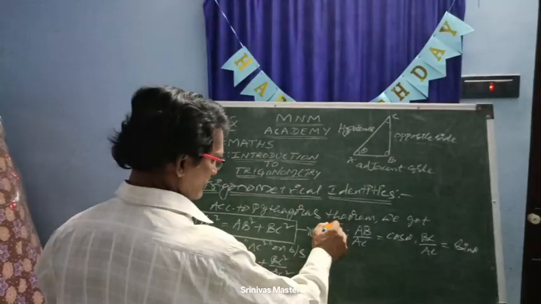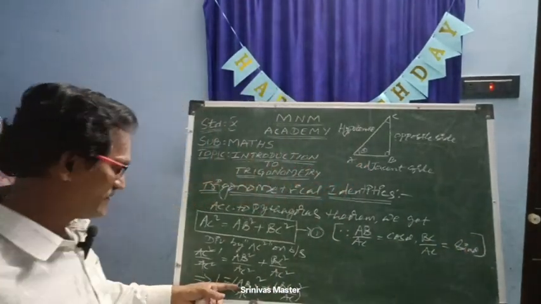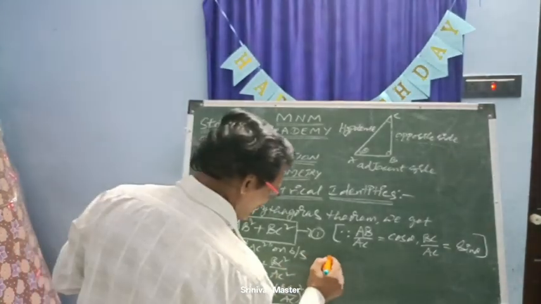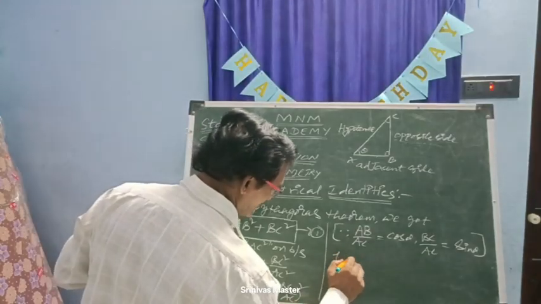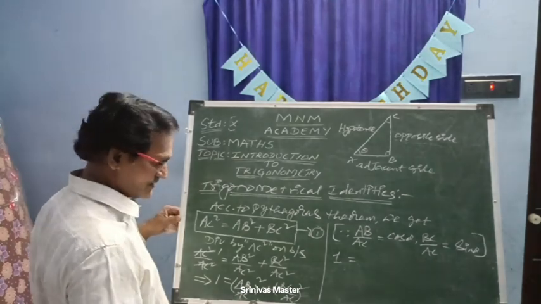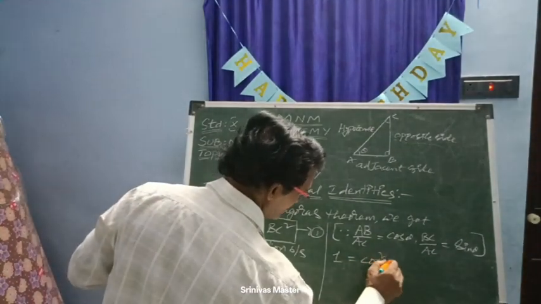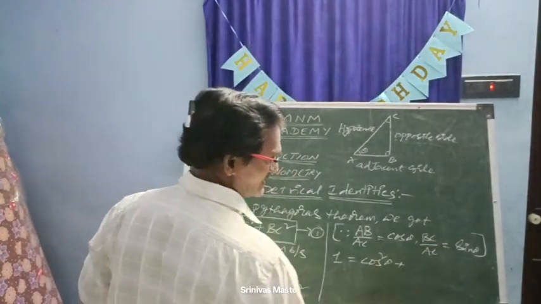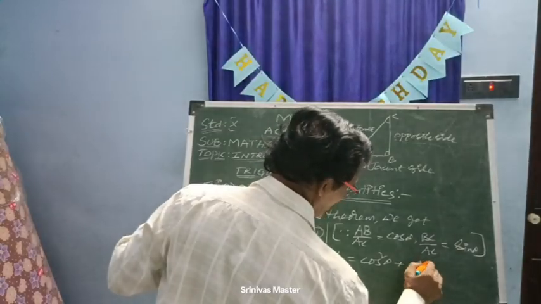So by substitution, this equation can be written as 1 equal to, be careful children, AB by AC means cos theta, whole square means cos square theta, plus BC by AC means sin theta, whole square means sin square theta.